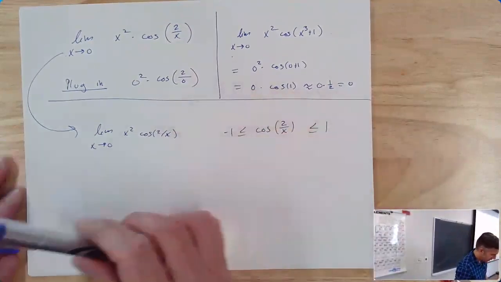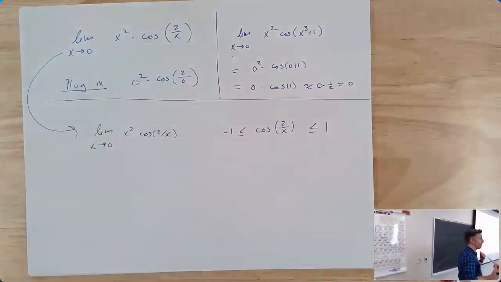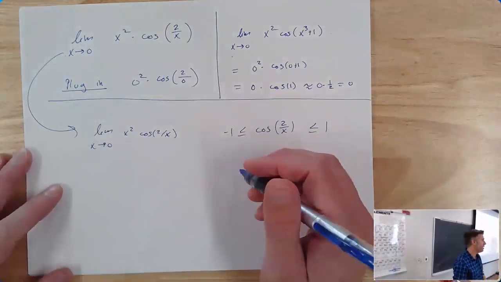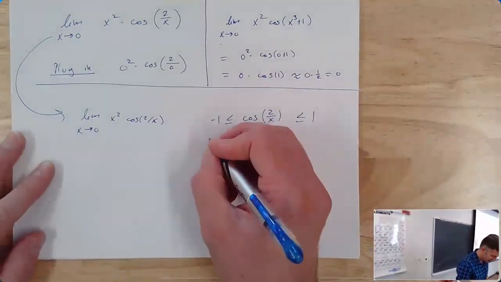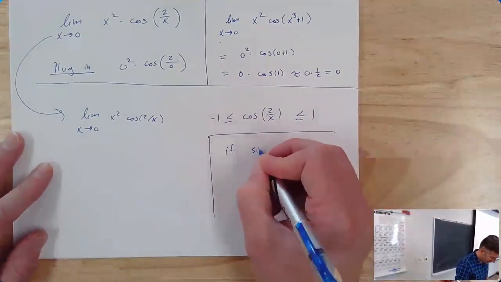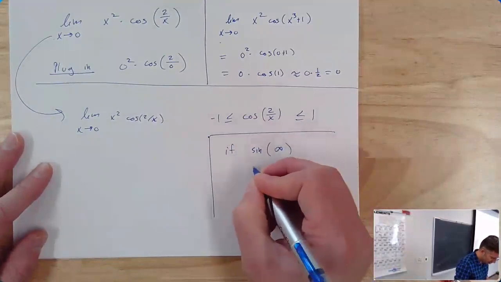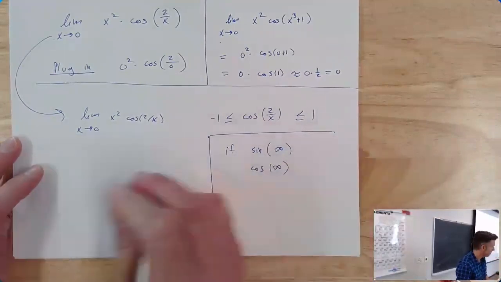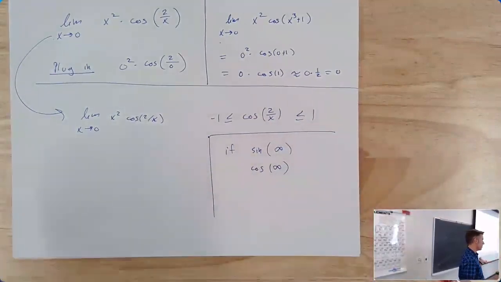Now I'll point out that this limit still meets my criteria for having to use the squeeze theorem, which, in my opinion, is essentially if you have sine of something going to infinity or cosine of something going to infinity. That's when you really need it.